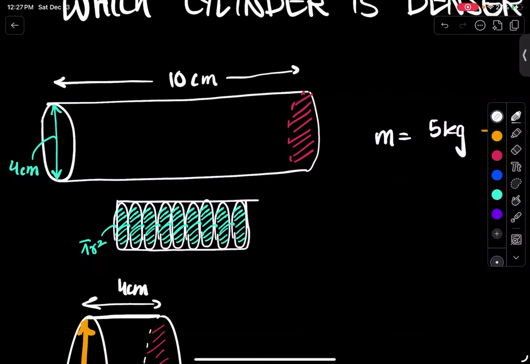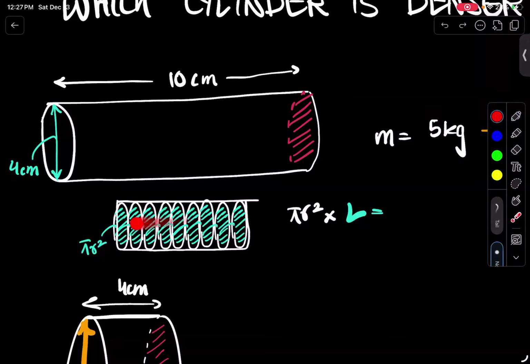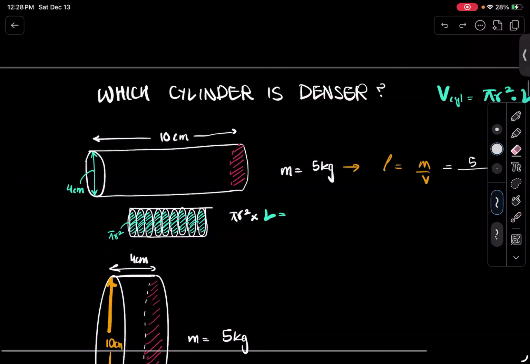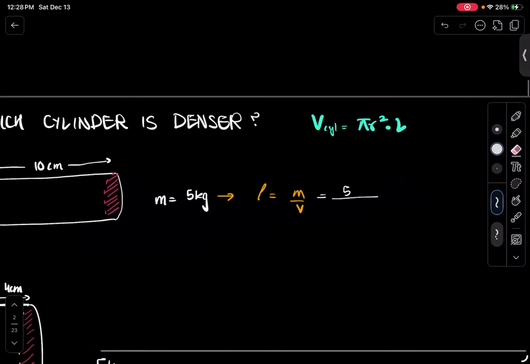So that means if you multiply pi r square times the length, that's basically the volume of a cylinder, because we can literally see that if you keep filling up pi r squares over and over again, it's going to make up a cylinder. Okay, so that's where the formula of a cylinder comes from.